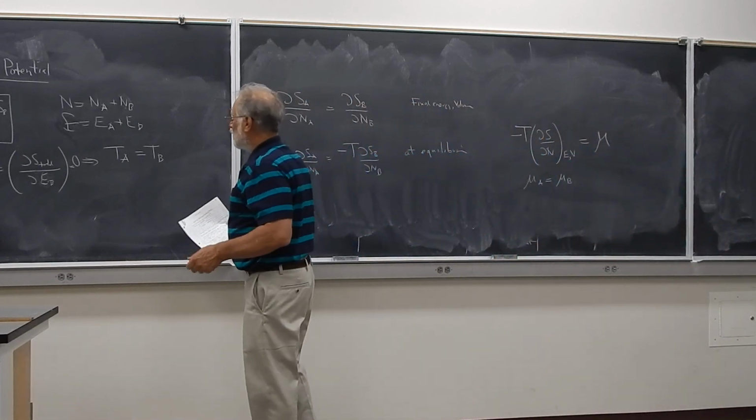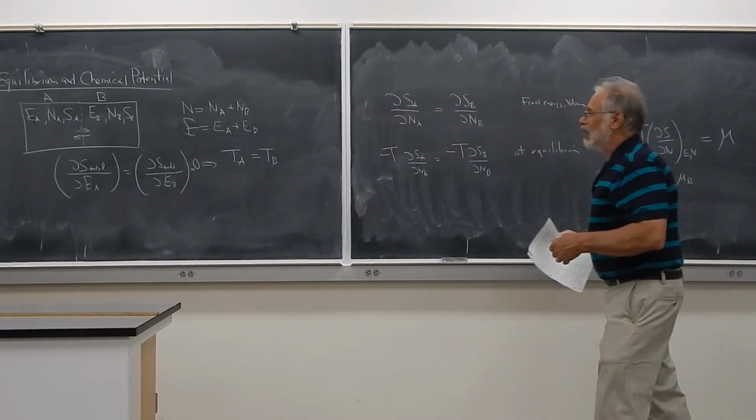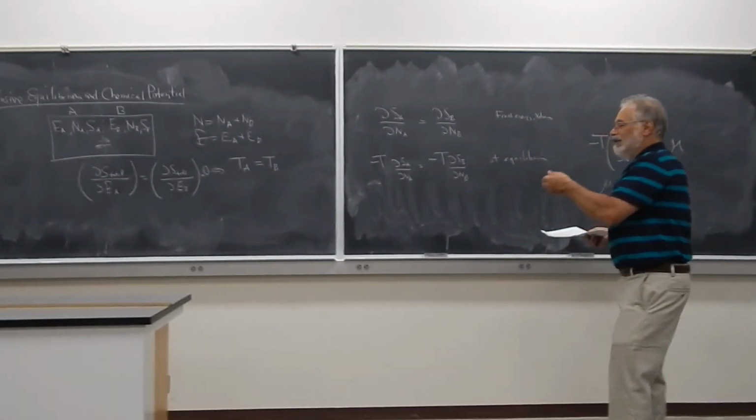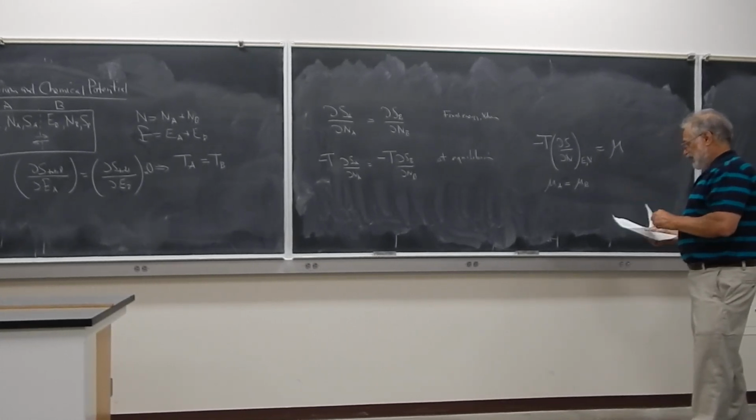So we go through this again. In thermal equilibrium, the temperatures are the same. If we talked about mechanical equilibrium, the pressures would be the same. Now in diffusive equilibrium, the chemical potentials are the same.